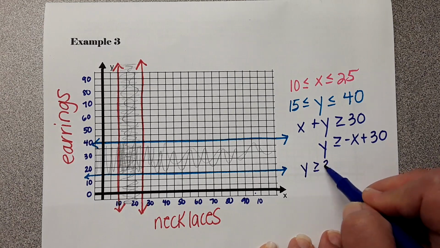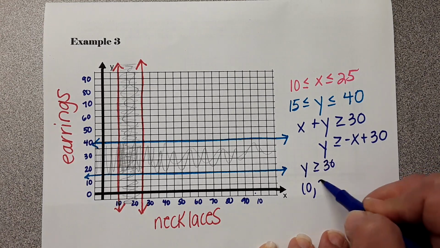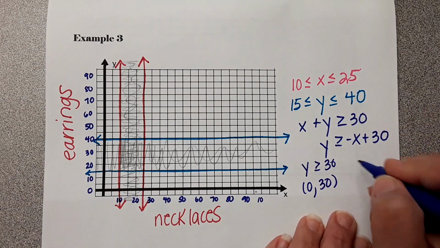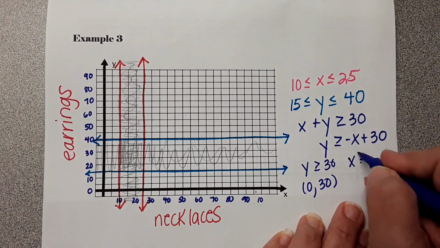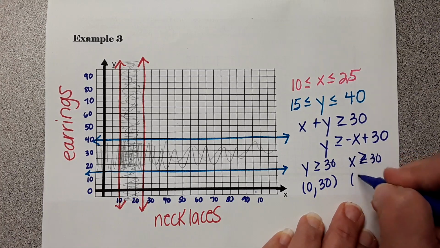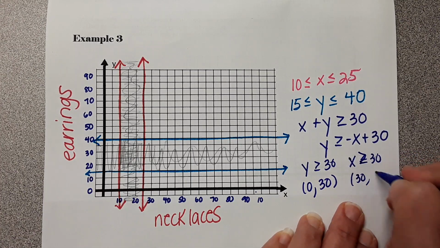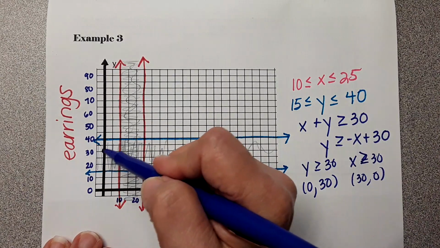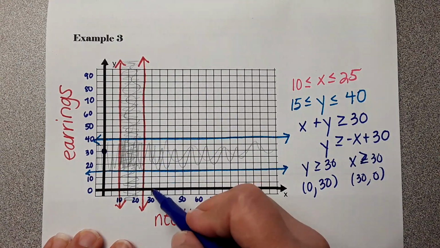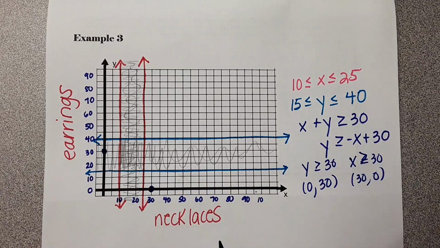So y is greater than 30 when x is 0. And when y is 0, I'm going to go to 0, 30 and put an ordered pair. I'm going to go here, and it's going to be a solid line as well.